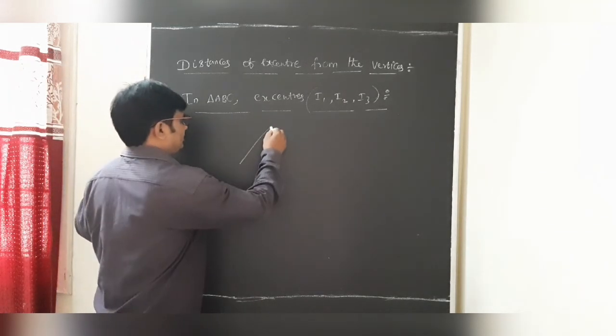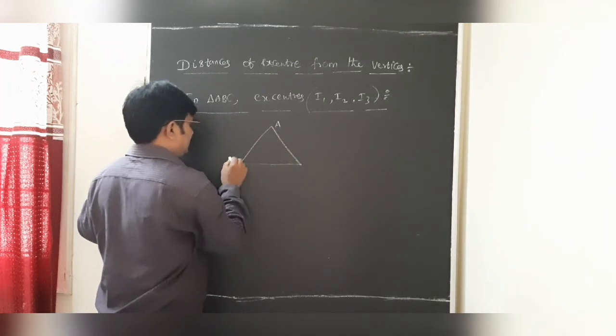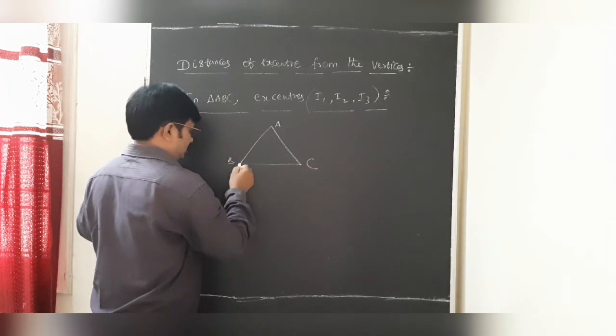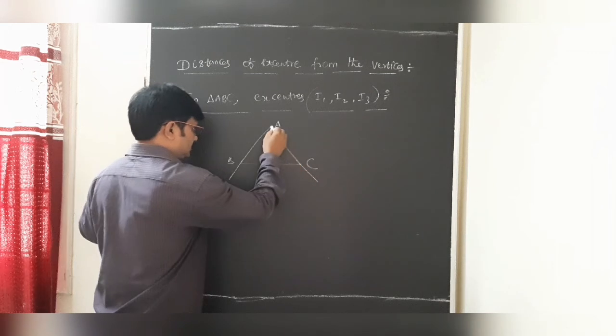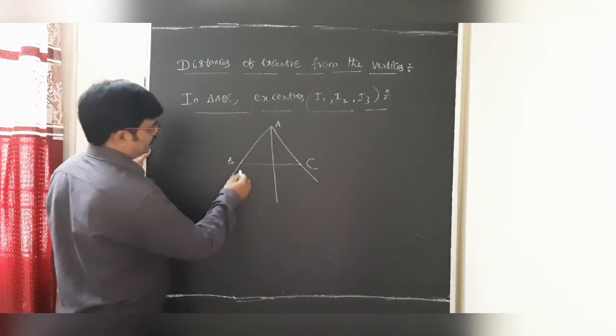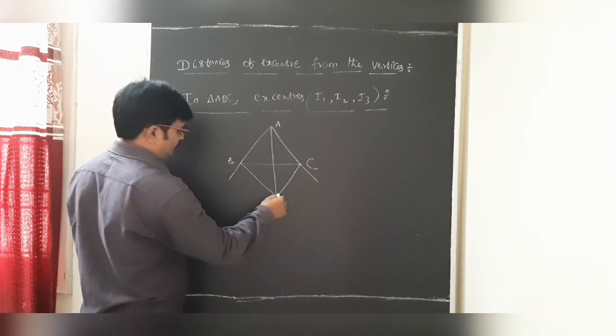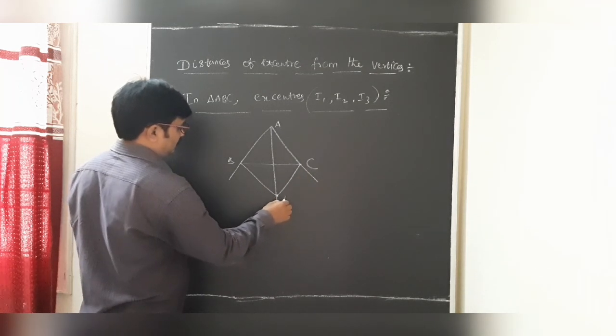Suppose this is the triangle ABC. Now this is the internal angular bisector, and the lines at B and C are the external angular bisectors.